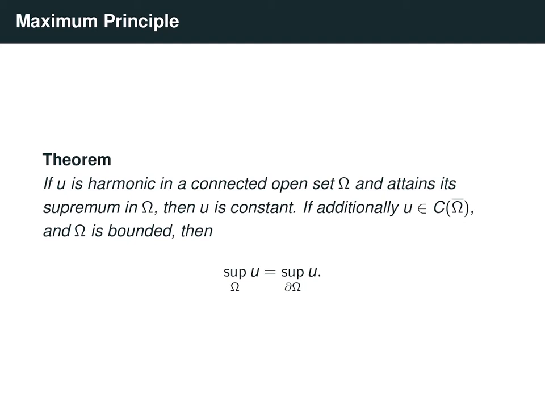So let's consider a point x in omega where u(x) is equal to the supremum of u in omega. Because omega is open, we can find an open ball around x that's contained inside omega. Now let's suppose that we could find a point inside this ball where u was strictly less than the supremum. By continuity, there's a small ball around this point where u is strictly less than the supremum.